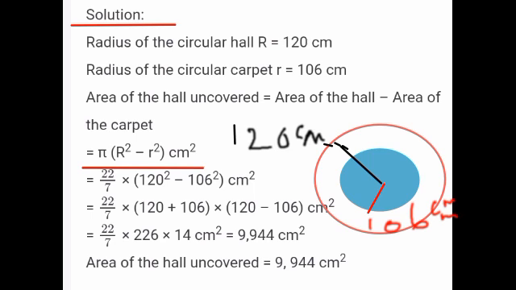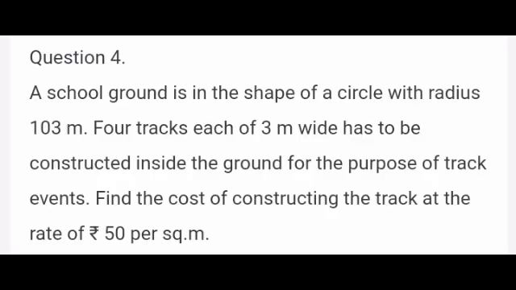Then subtract 120 minus 106, that is 14. Next we can cancel 7 and 14 2 times. Next multiply 22 into 226 into 2. We get the answer 9,944 centimeter square. So the area of the hall uncovered by the carpet equal to 9,944 centimeter square.